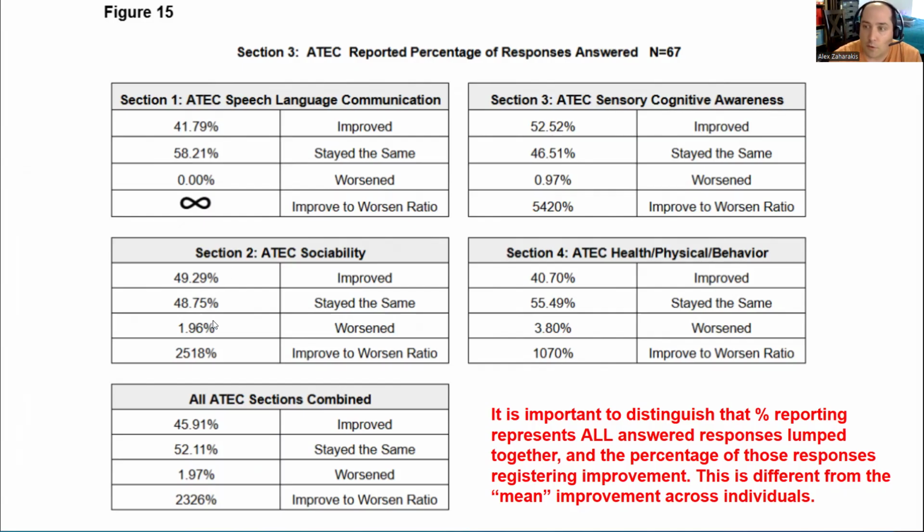So the worsened is always very small, and the improved is, we believe, quite large, and the only next category that comes close to it in representing size is staying the same. Keep in mind, some people might improve for some things, but stay the same in others, and vice versa.